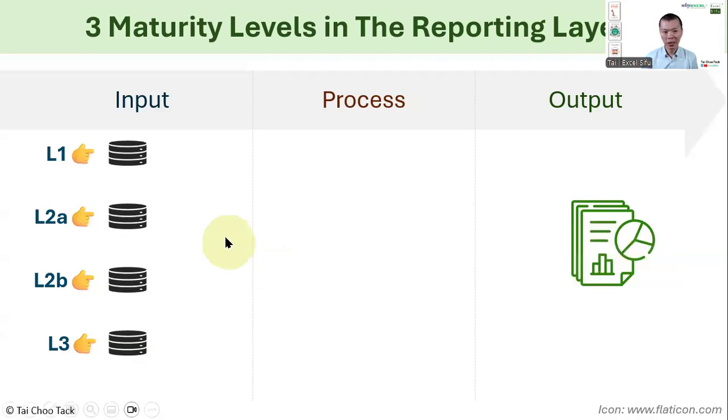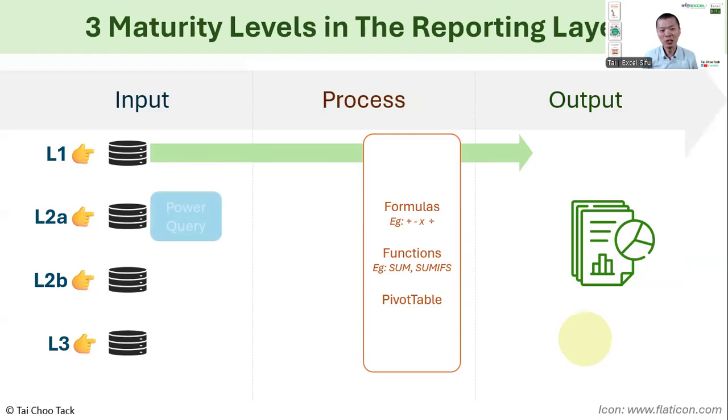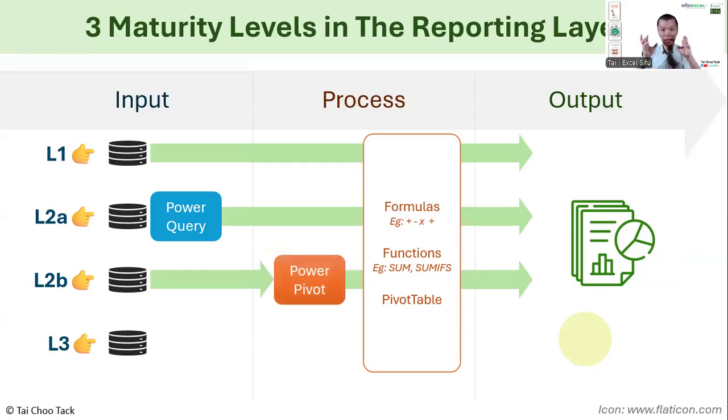Usually, people have data, they just do some formulas and pivot table and churn out the report. That's all. And sometimes, because the data is quite messy, they use something called Power Query to handle the data before they produce a report. And sometimes they have something called Power Pivot to handle some calculation, like just now, link multiple data together, then they're able to produce a report.